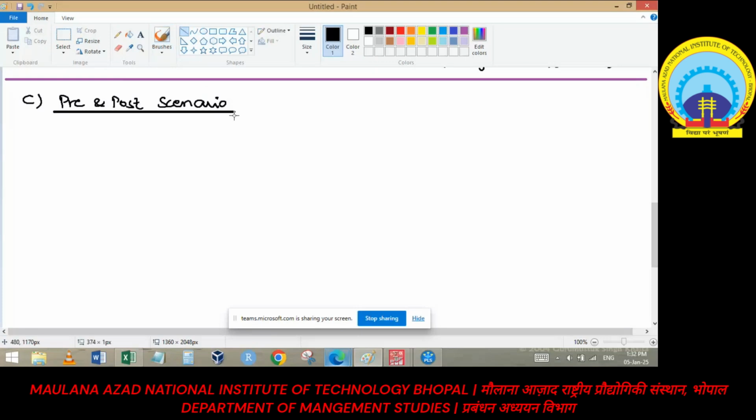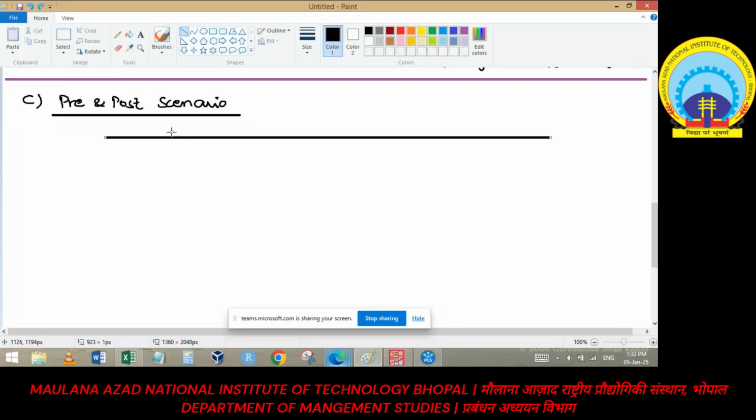Actually, these days, nobody is writing a paper only on SAM, and papers are not even accepted on SAM. So people work on the pre and the post scenario. So let's talk first about the post scenario. Post scenario means after doing the SAM analysis, what we can do. So this is the post SAM.